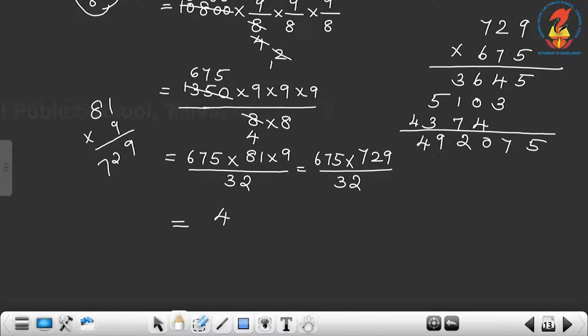So which is equal to 4,92,075 divided by 32. Now we have to divide.